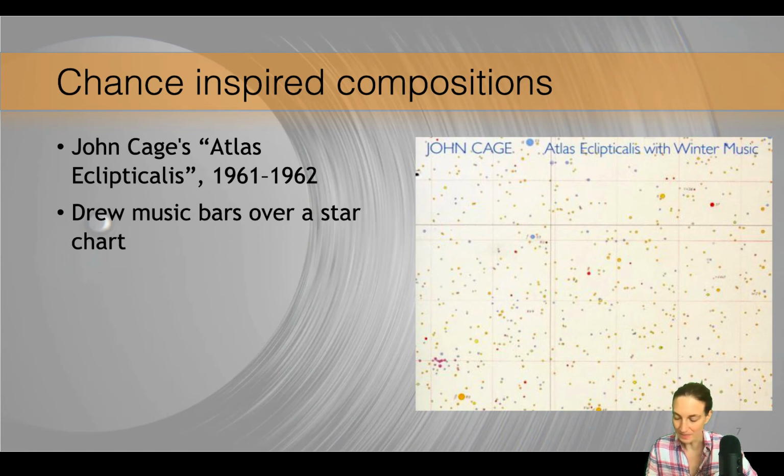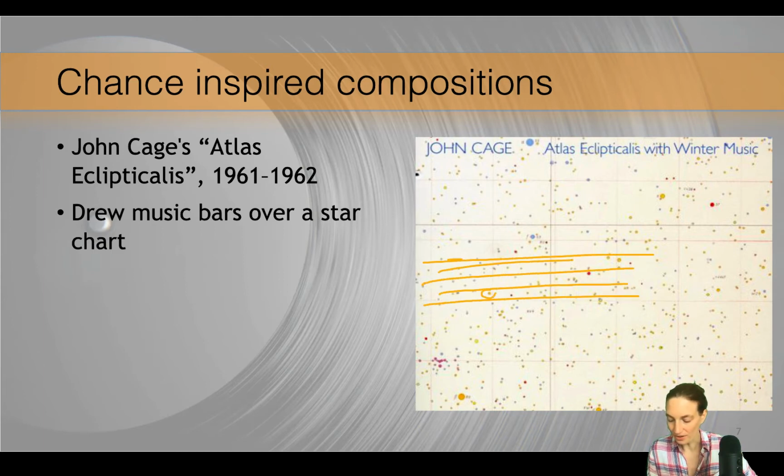He basically took a star chart, like you see in the picture, and then he put musical bars over it, the 5 lines, and then wherever the stars were, those were notes in his composition. Okay, a little bit less harmonic and orderly, let's say, than the Polonaise composers, but it sounds something like this.